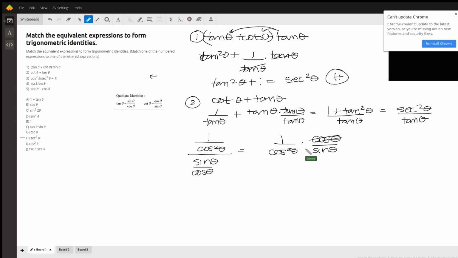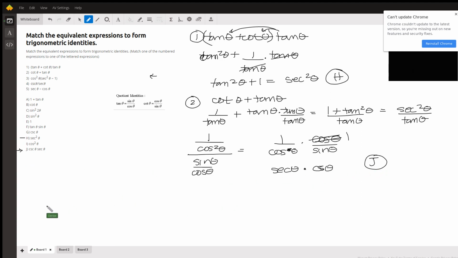One of these cosines cancel. So 1 over cosine theta is secant theta. And there's a 1 left here after I cancel out this cosine theta, which is cosecant theta. And I can see that that matches up with J.